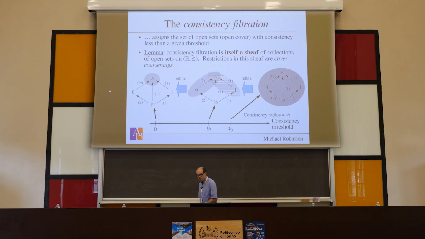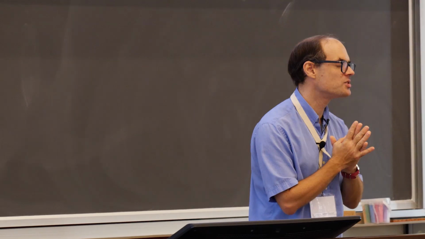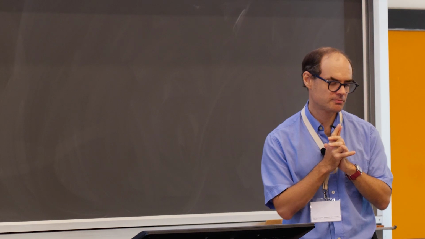So let's now dig into this a little more. The consistency radius, as I've mentioned, allows you to identify open sets on which there is consistency.